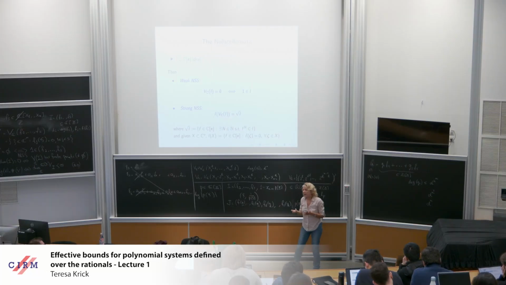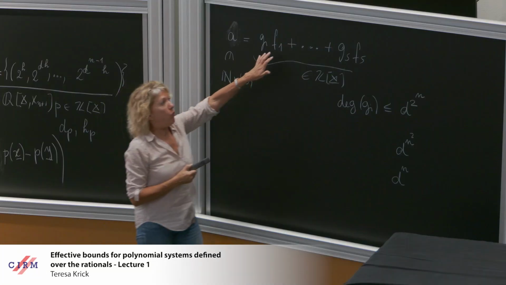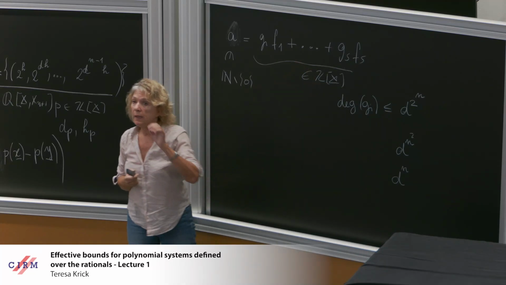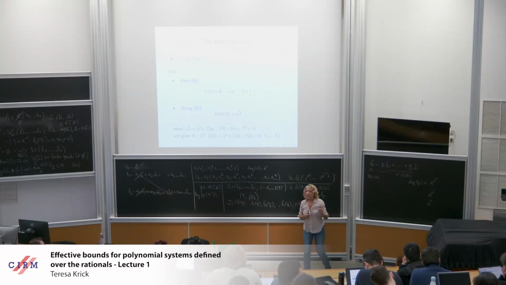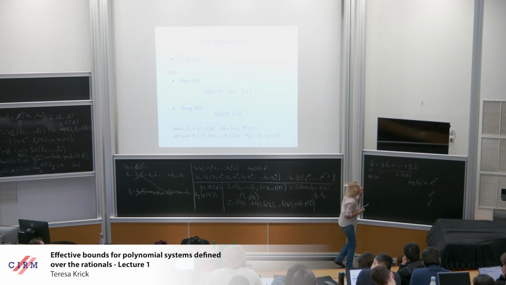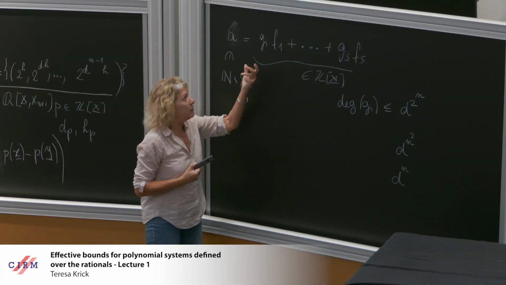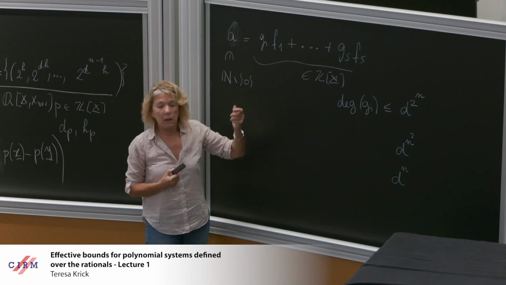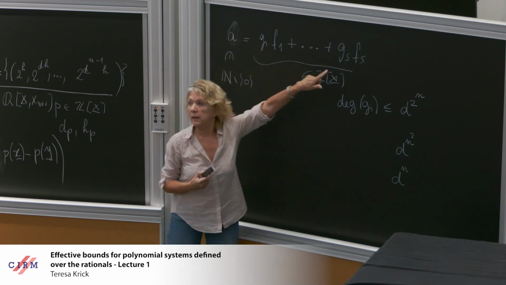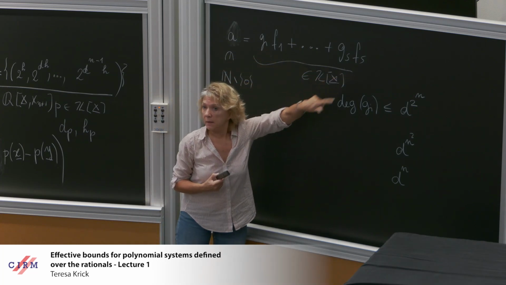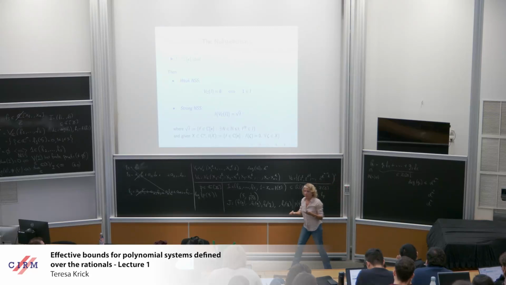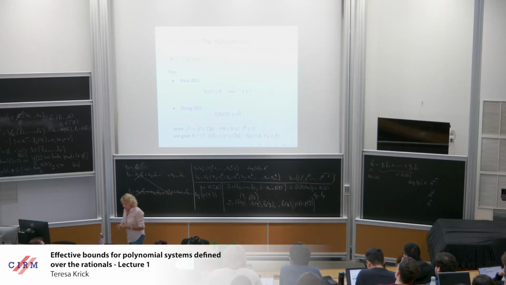So it makes sense to ask: if I start with F1, ..., Fs of degree bounded by D and height bounded by H, what is the worst height I can expect to obtain for A, G1, ..., Gs, height and degree at the same time? That is what I call the arithmetic Nullstellensatz.